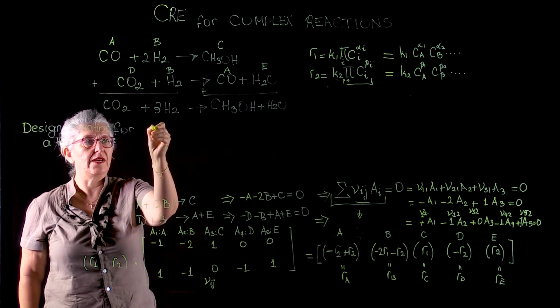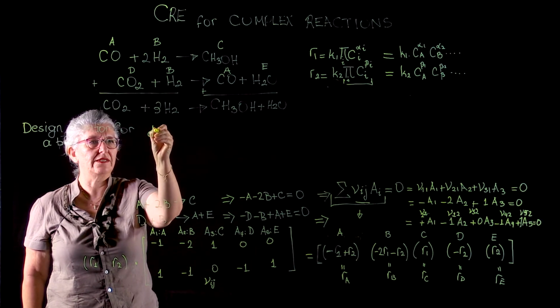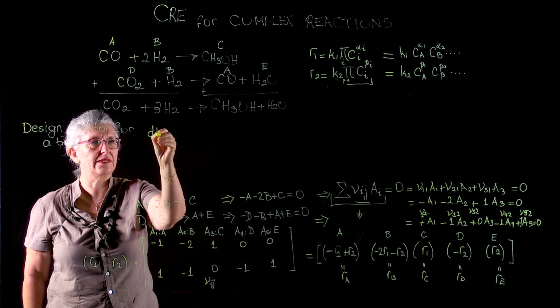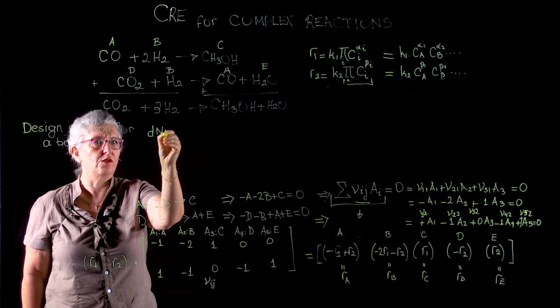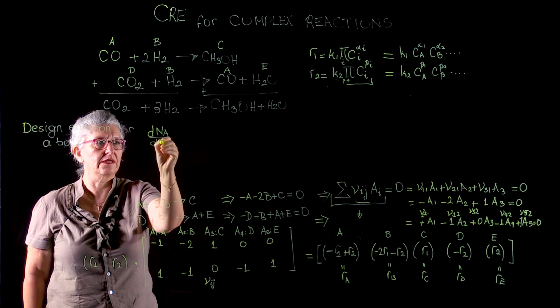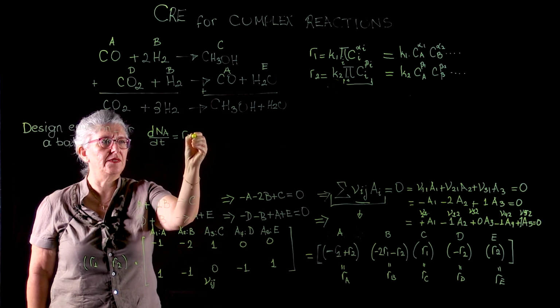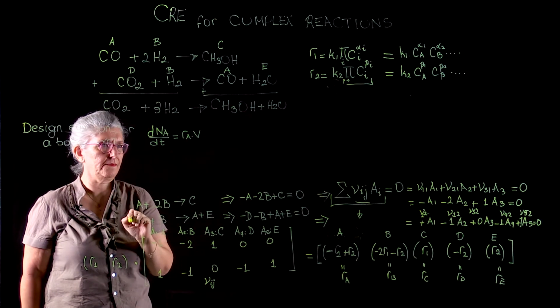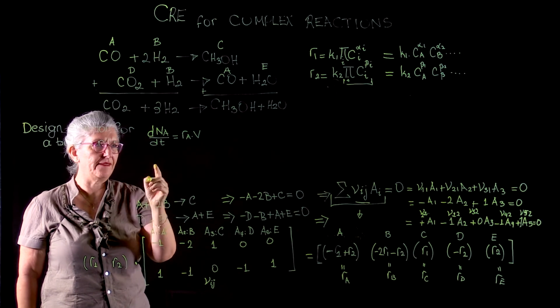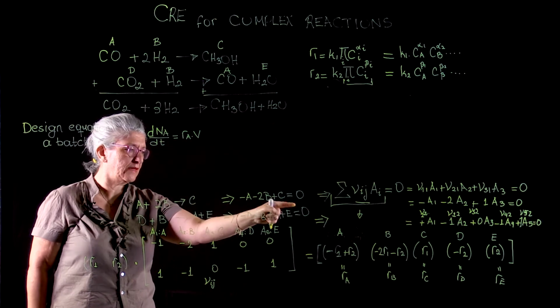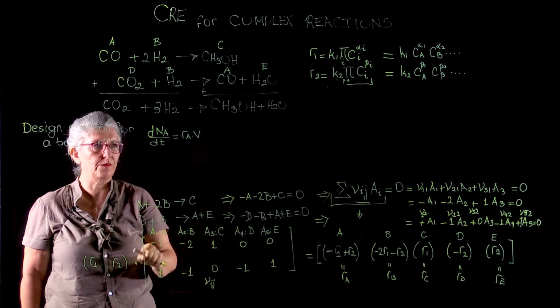So the design equation for a batch reactor for a simple reaction was dN_A over dt equal to R_A times V. Now we have, instead of R_A, R_B, R_C, we have R_1, R_2.